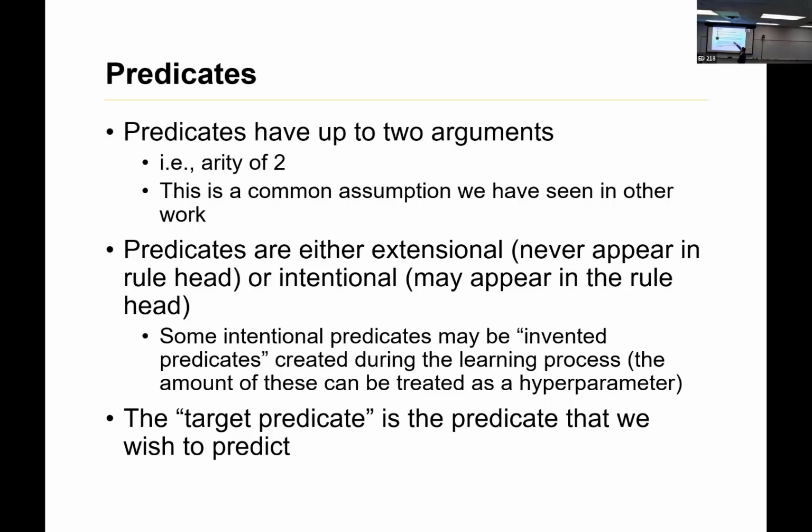Intentional predicates may appear in the rule head. Okay? Some of the intentional predicates can be what we call invented predicates. One of the big things with inductive logic programming is because, unlike the traditional data mining rule learning, we're supporting multiple steps of inference.